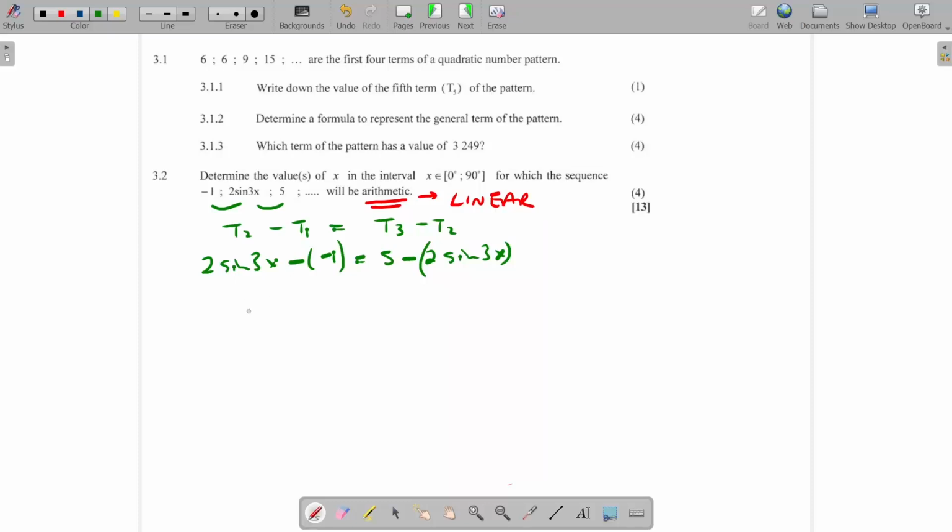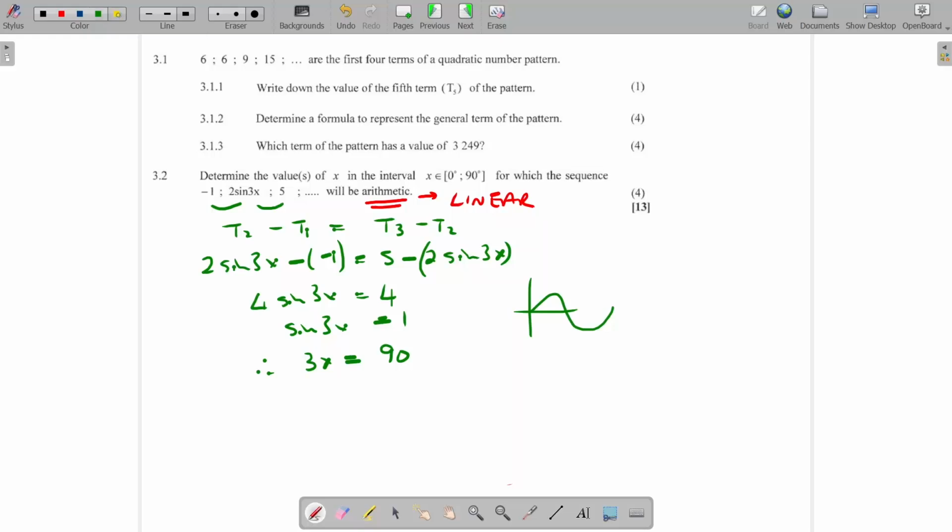So when I bring that over, I'm going to get 4 sine of 3x, that minus 1 becomes plus 1 and goes across, equals 4. So sine of 3x equals 1. We know from a sine function that therefore 3x equals 90.